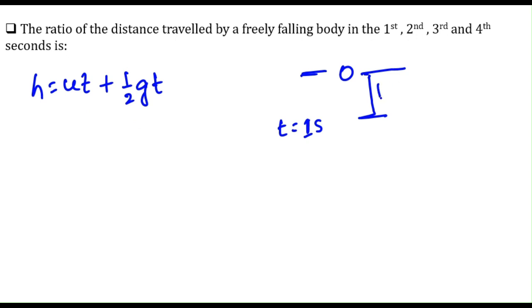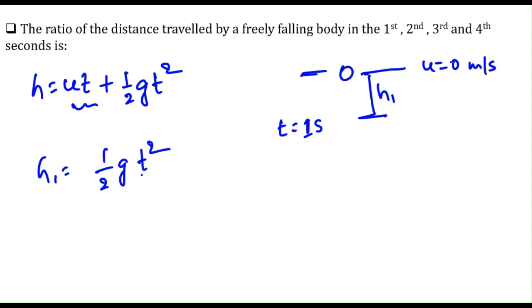So here, let's say this one is h1. So h1 will be ut. U is 0, let's say, if we are dropping the body from here. So 0 meter per second. So the first term will be 0, and then 1 by 2 g into 1 square. We can calculate here.